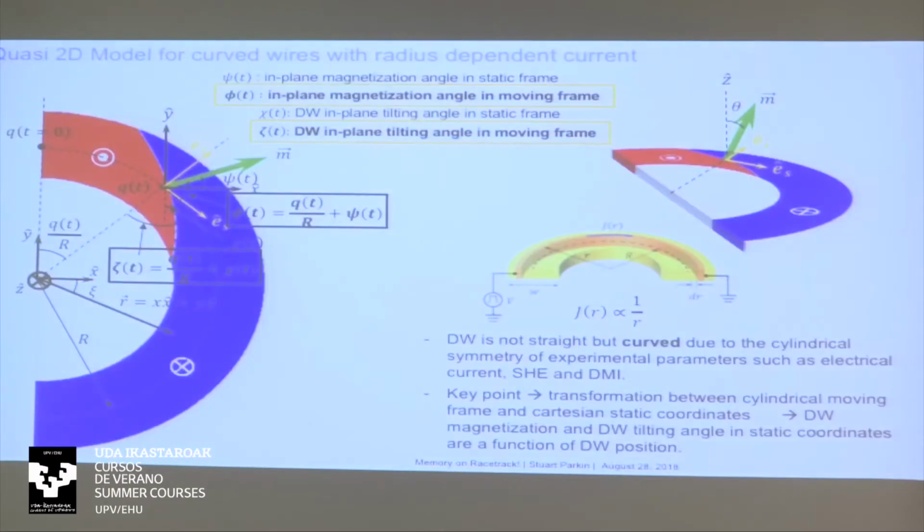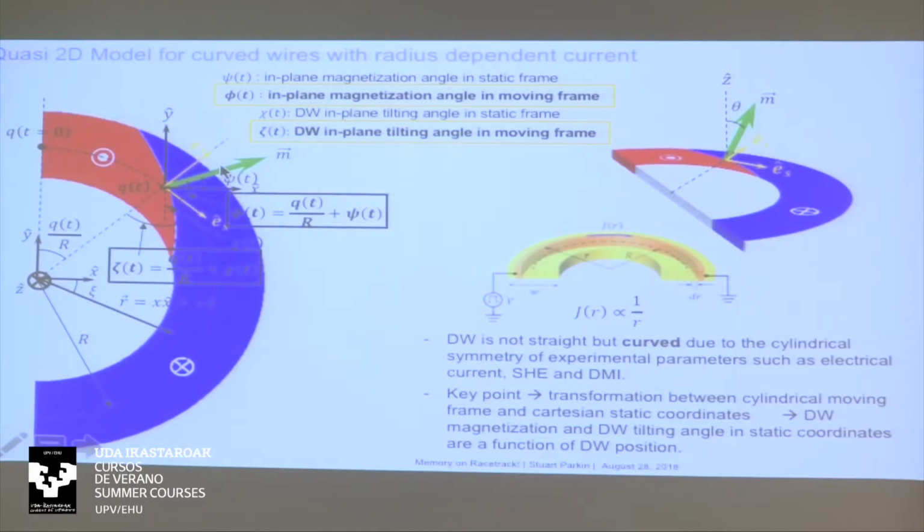And again, without going through details, the reason for this you can understand quite easily. Here we have a curved wire, racetrack, and you can imagine this is magnetization pointing up, and this blue is pointing down. In the absence of current, the domain wall will be along the radius, because that's the shortest.